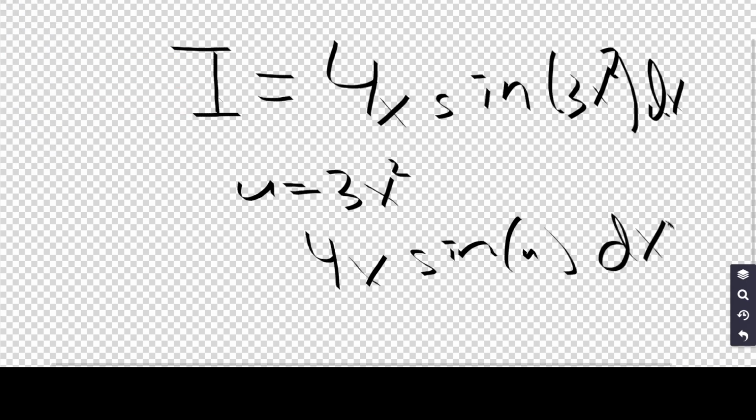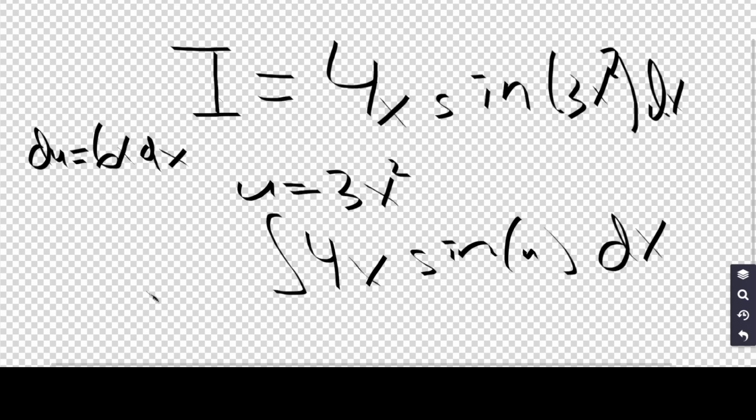Now we're going to find the relationship. So du is just going to be equal to 6x dx, which essentially means that du is always 6 times x times dx.